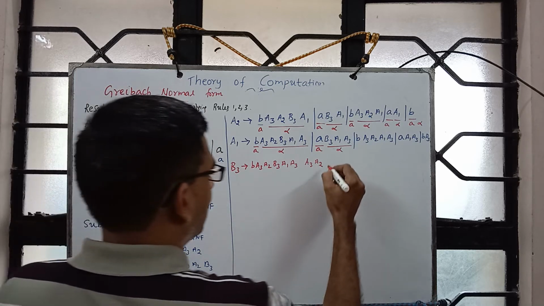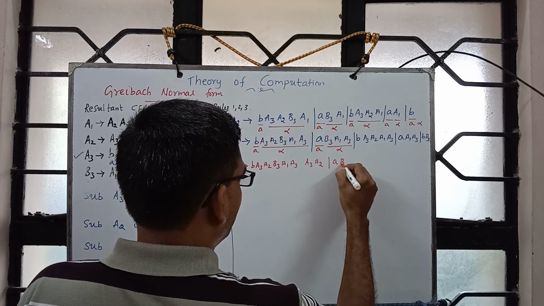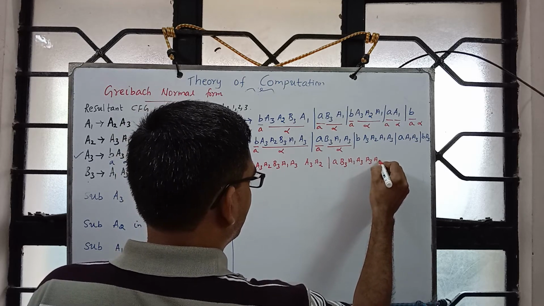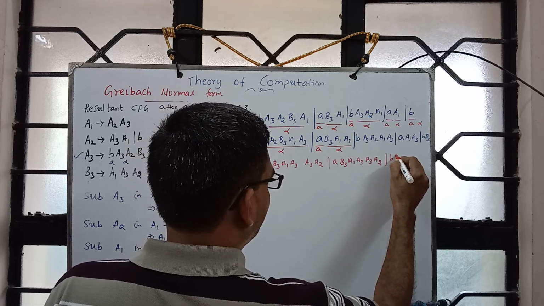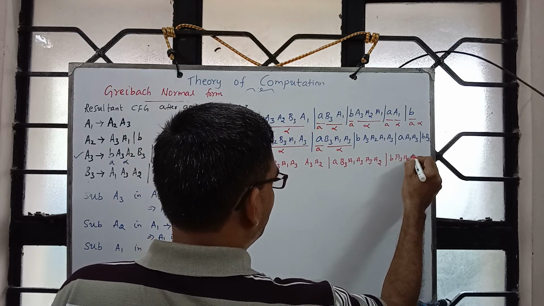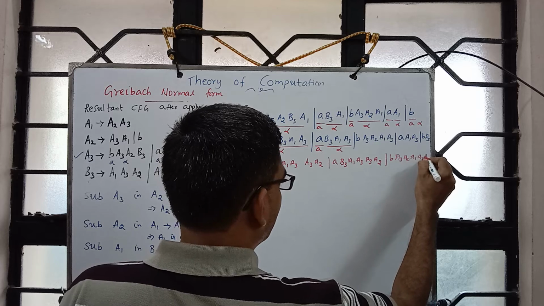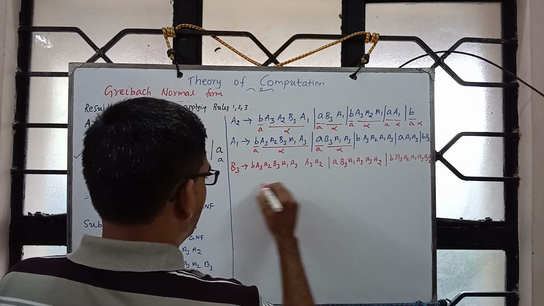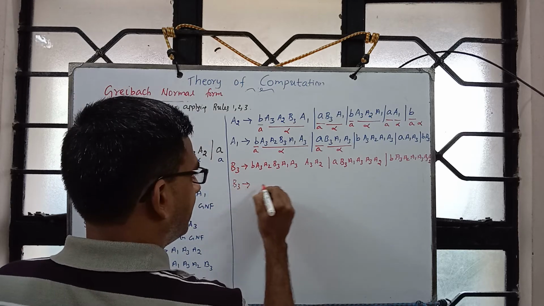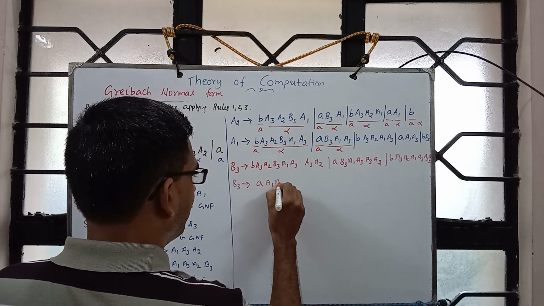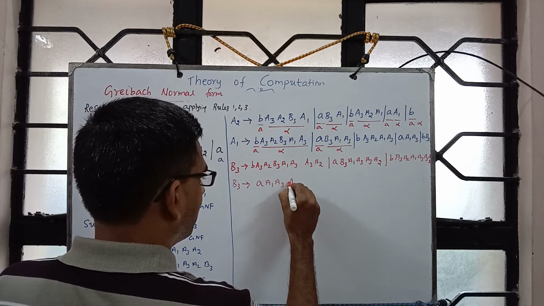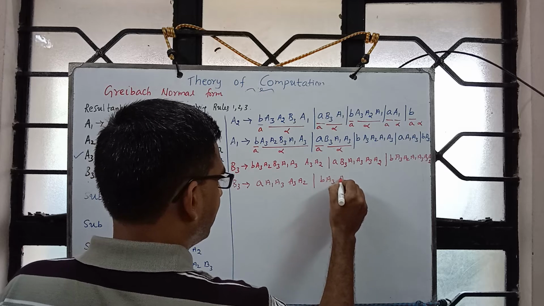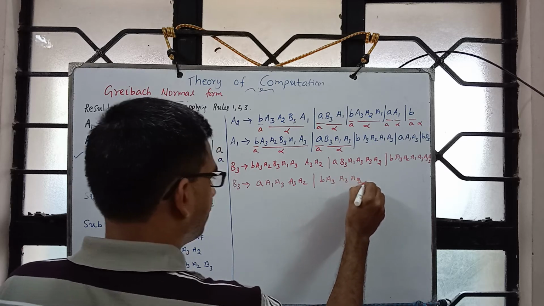Or A B3 A1 A3 A3 A2, or B A3 A2 A1 A3 A3 A2, or B3 implies A A1 A3 A3 A2, or B A3 followed by A3 A2.